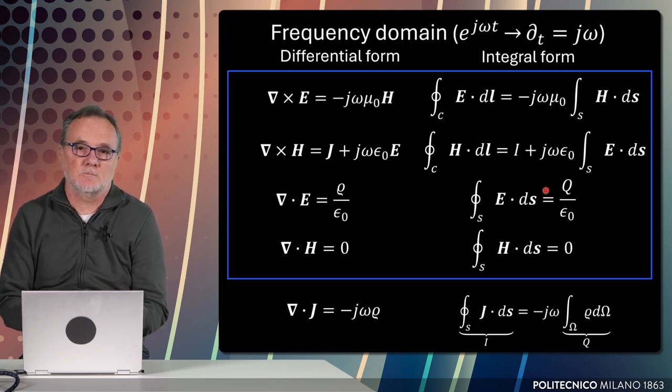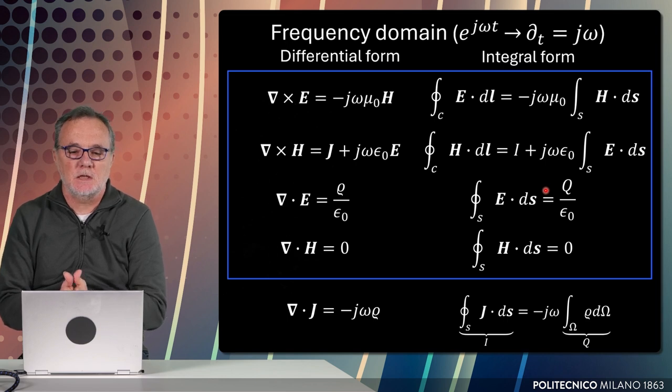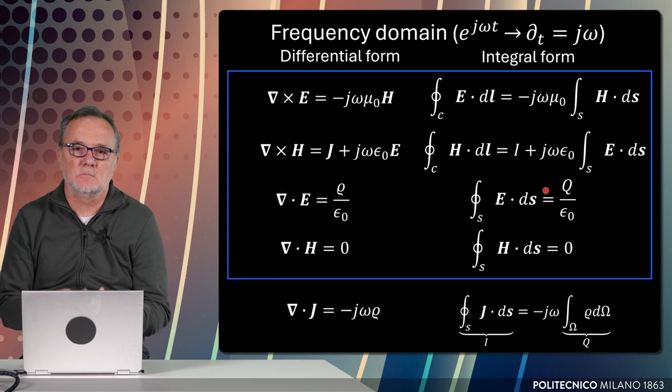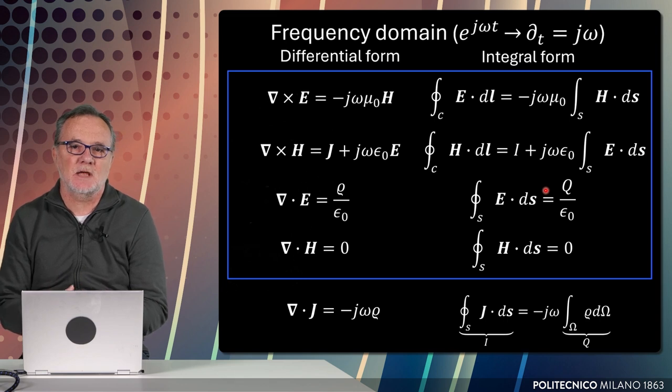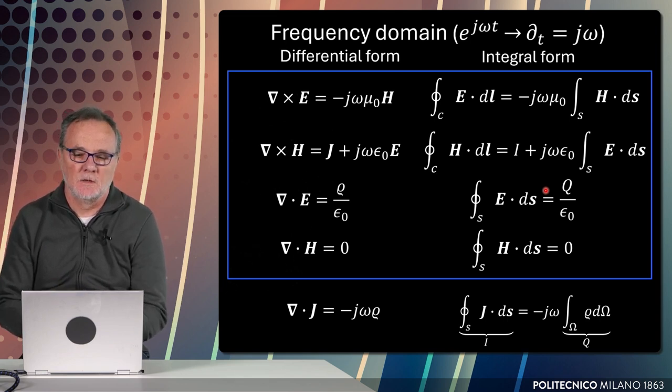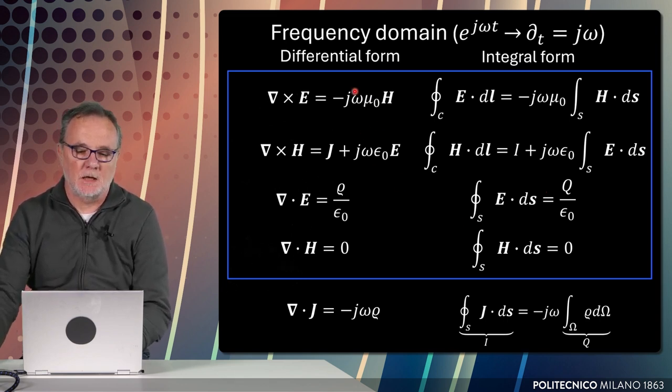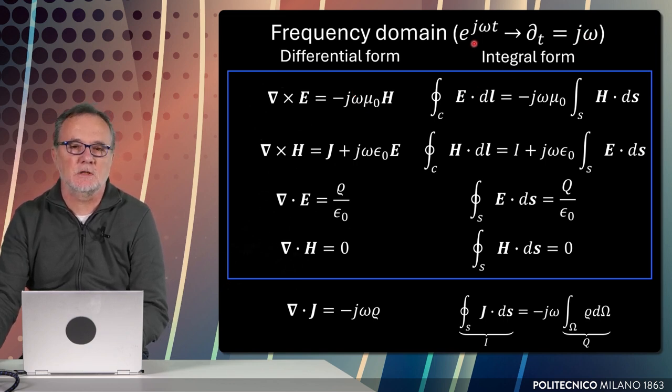And an important aspect of this sinusoidal frequency domain is that the time derivative of a sinusoidal function can be written as the algebraic operator j omega that multiplies the same function, so that we get rid of time derivative in Maxwell's equations. So whenever we see a time derivative, we just write j omega, because we assume that a sinusoidal dependency, exponential j omega t, is present everywhere and is discarded from these equations.